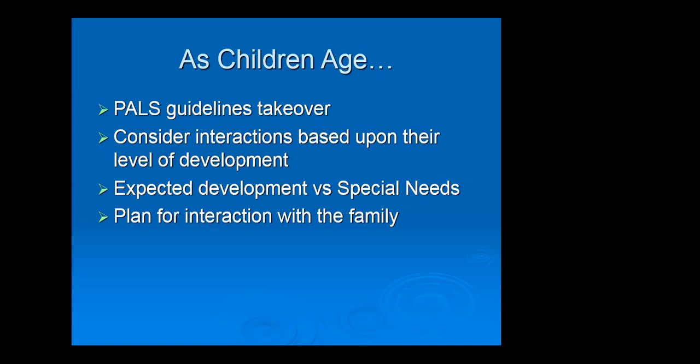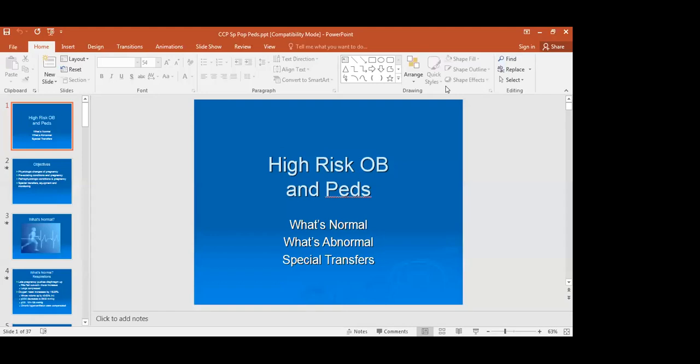Nothing turns out worse than one crew member saying one thing and then another crew member going back and telling them something else. Make sure before you approach that you're all on the same page of what's allowed and what's not allowed. So that is our high-risk OB and PEDS.